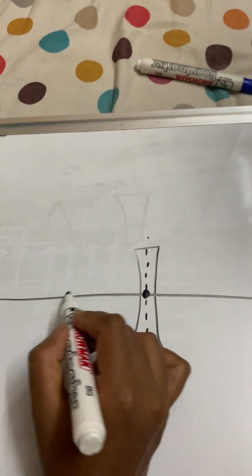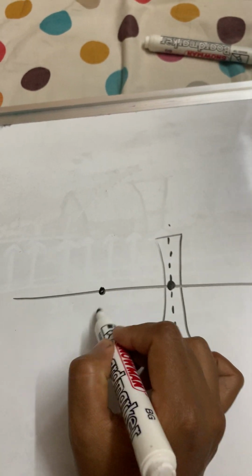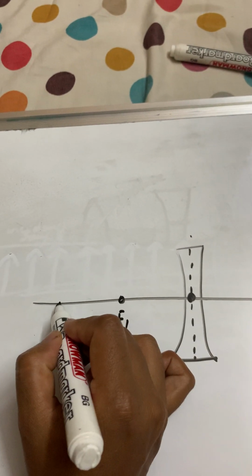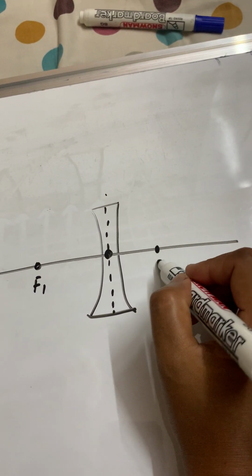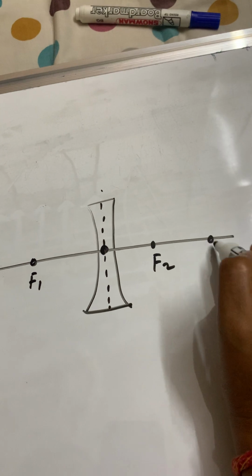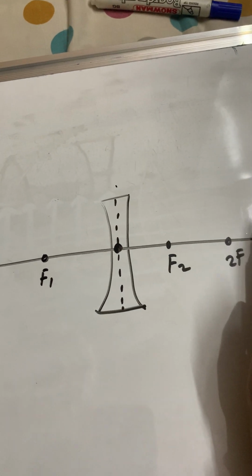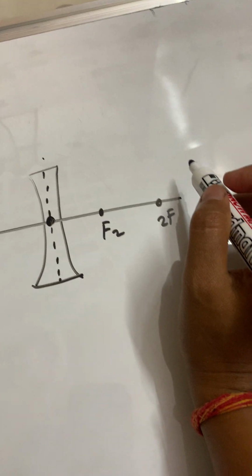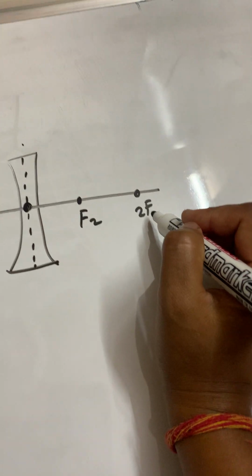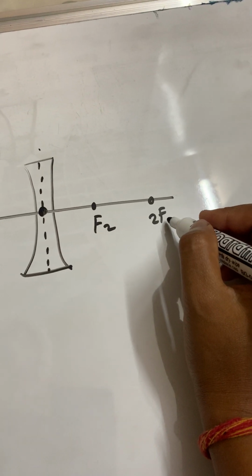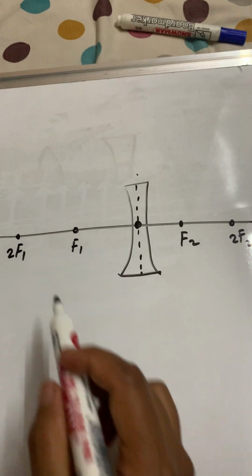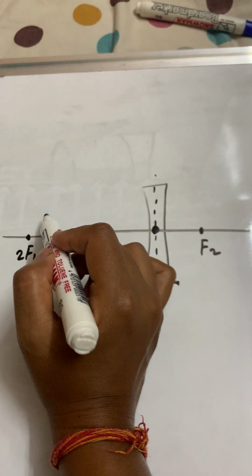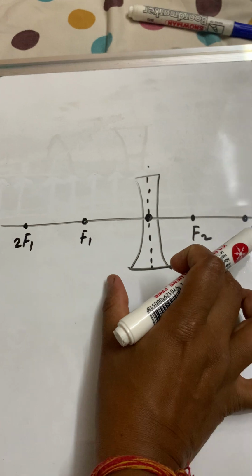Now here also there are the same things like F1 and 2F1, then F2 and 2F2.